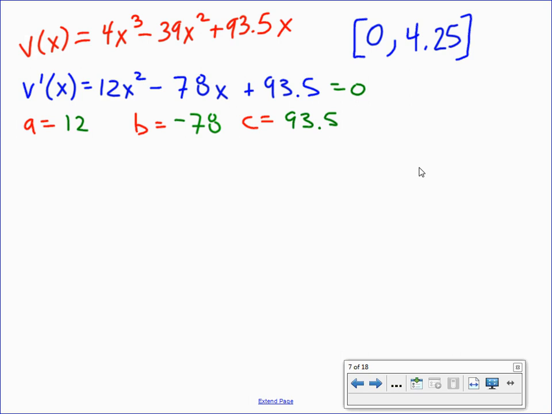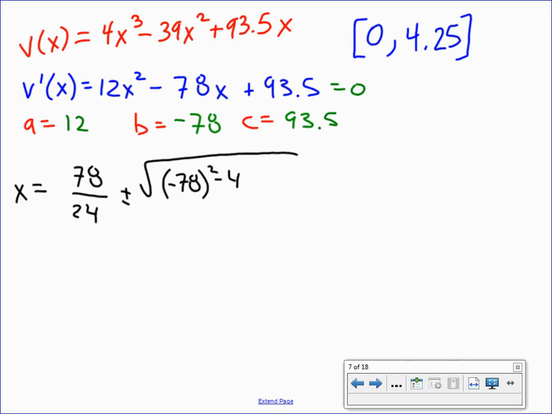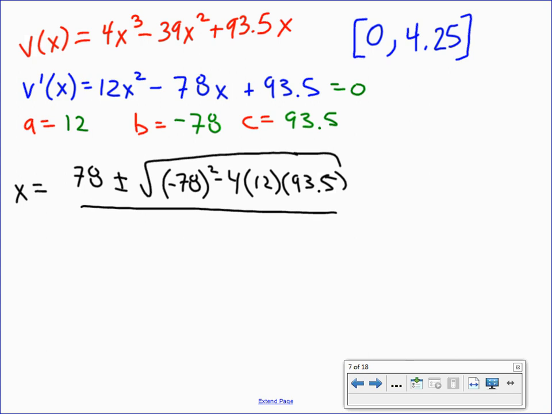And I know that my solutions then, x, would be given by the opposite of B over twice the value of A, plus or minus the square root of B squared, it's always positive, minus 4 times A, yikes, times C, close radical, all over twice the value of A. I'm so used to my advanced algebra way of doing this, where we consider this as 2 separate parts. Then it takes a lot for me to do this.